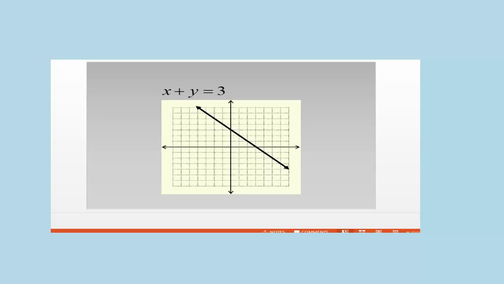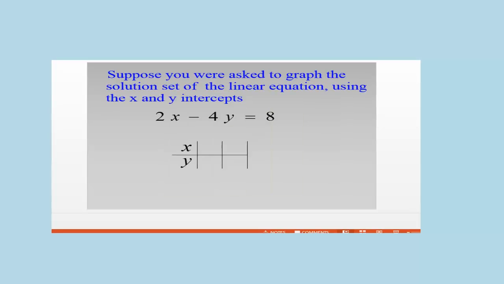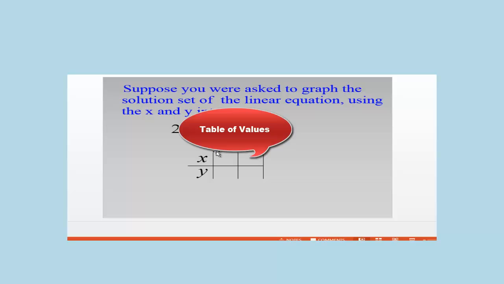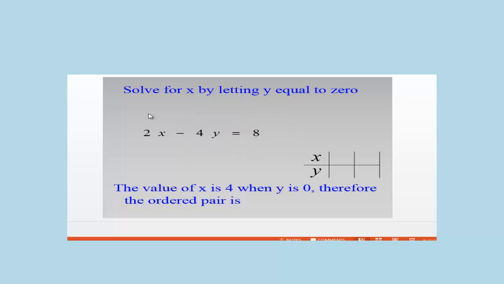Let's proceed to another example. The given equation is 2x minus 4y equals 8. Of course, we're going to graph the given equation using the x and y intercepts. First, create the table of values for x and y. Solve for x by letting y equal to 0.